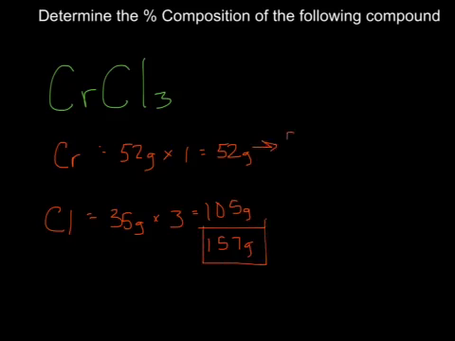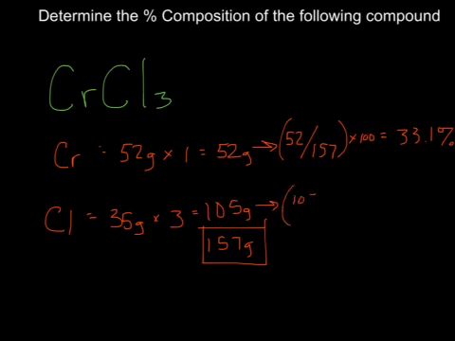Once again, divide 52 by 157 times 100. That gives us 33.1%. And we have 105 divided by 157 times 100 ends up being 66.9%.